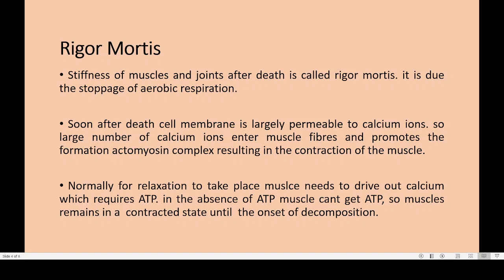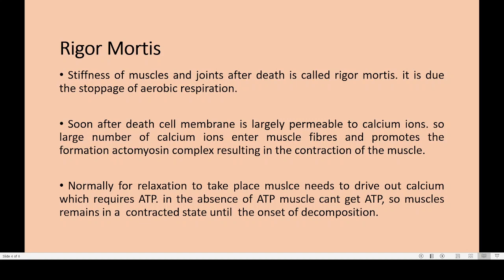Okay. See, this picture I think will give you some idea, because calcium is an important substance, and that calcium actually helps in the formation of the myosin and actin bond, or actin complex. Here you can see that unless the calcium is pumped out of the muscle cell, the actin and myosin will remain in a state of attachment.